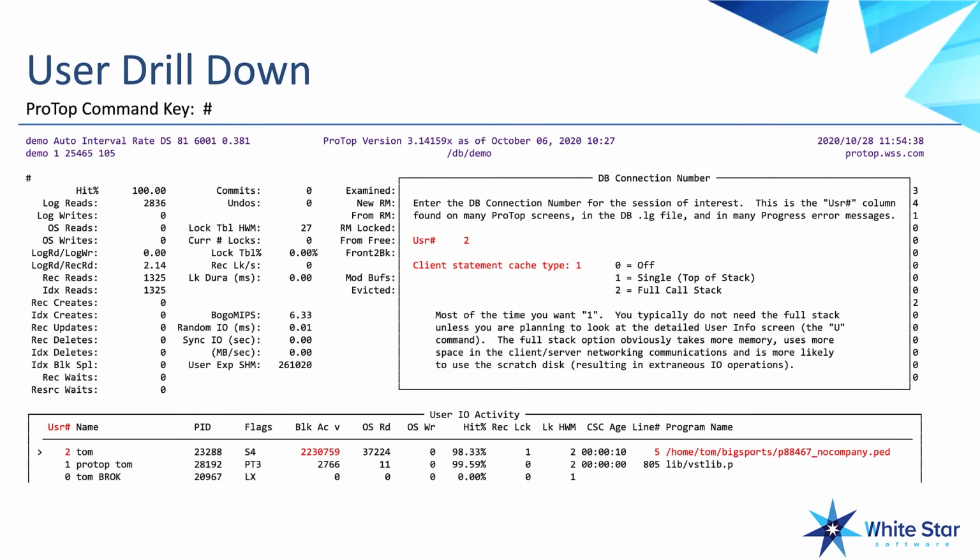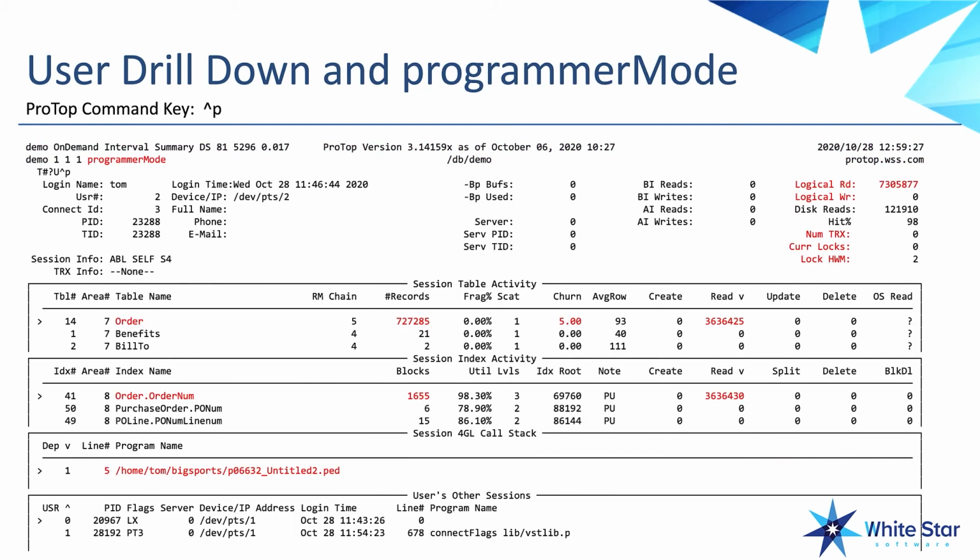One feature is the user drill down. If you type the pound or hash key, you can select a specific user and look at their detailed information. You can turn the client statement cache on or off for that user, and you'll be able to look at things like the user's individual session, table, index, and call stack activity, along with any other sessions that they're running.